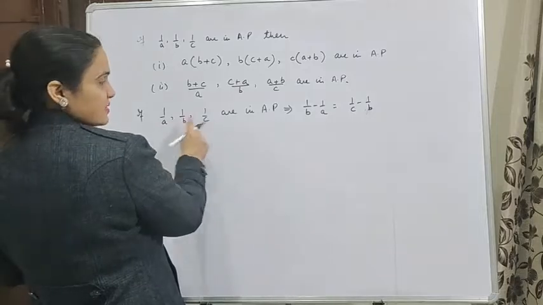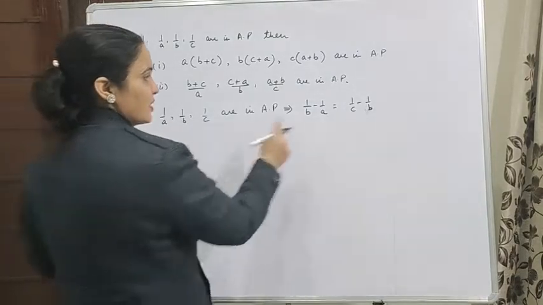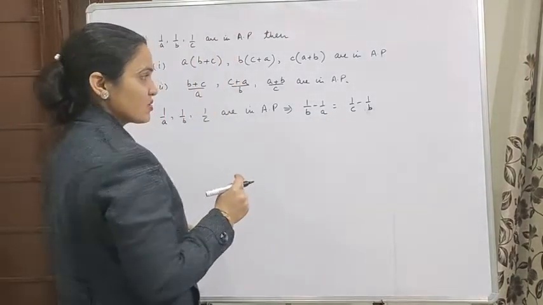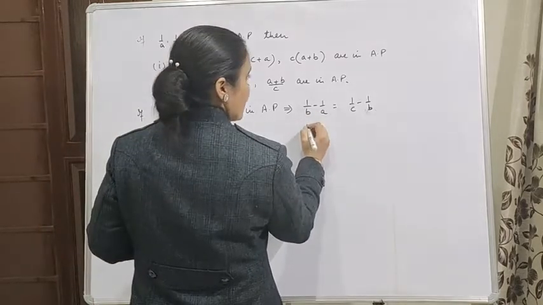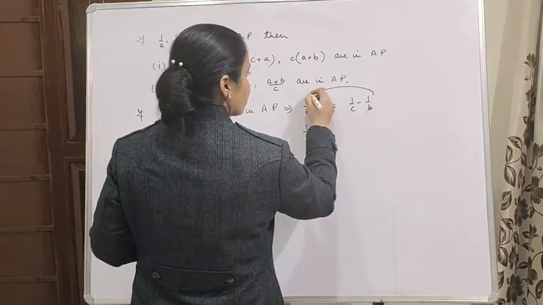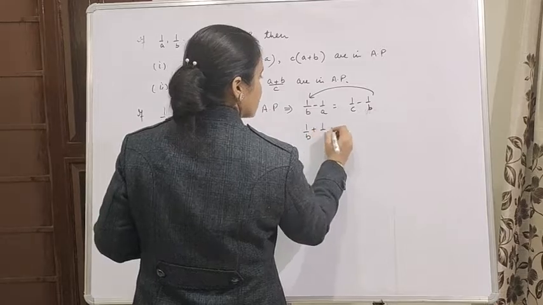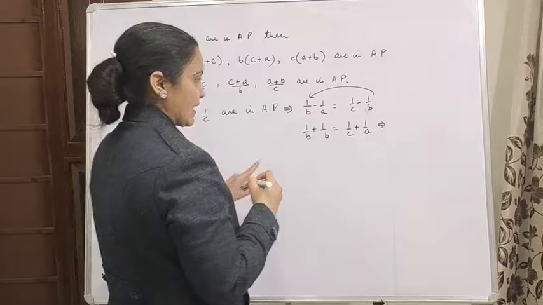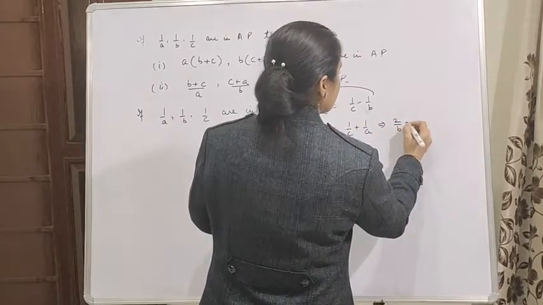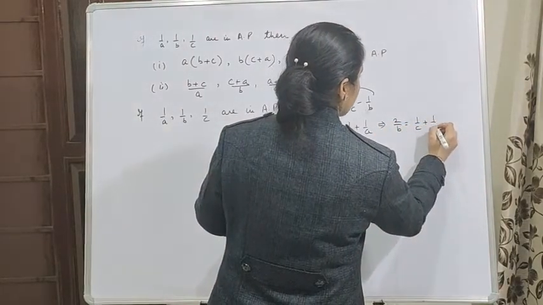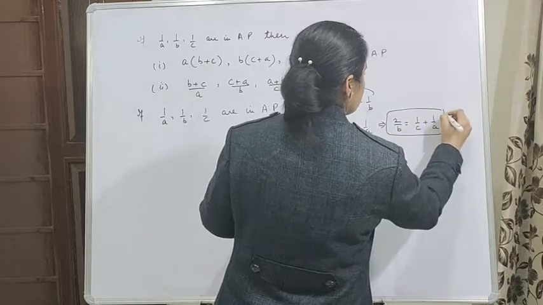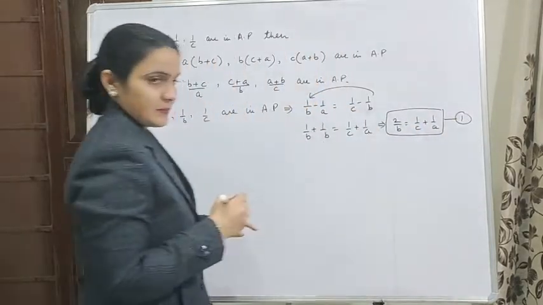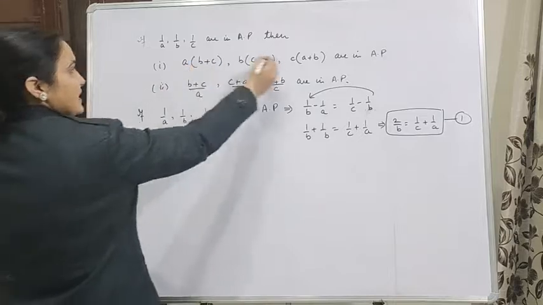Second minus first term, third minus second term, the difference should be the same. So we have 1 upon B, take this here, plus 1 upon B is equal to 1 upon C plus 1 upon A. This will imply 2 upon B should be equal to 1 upon A plus 1 upon C. Take this as 1. Let us now take this.